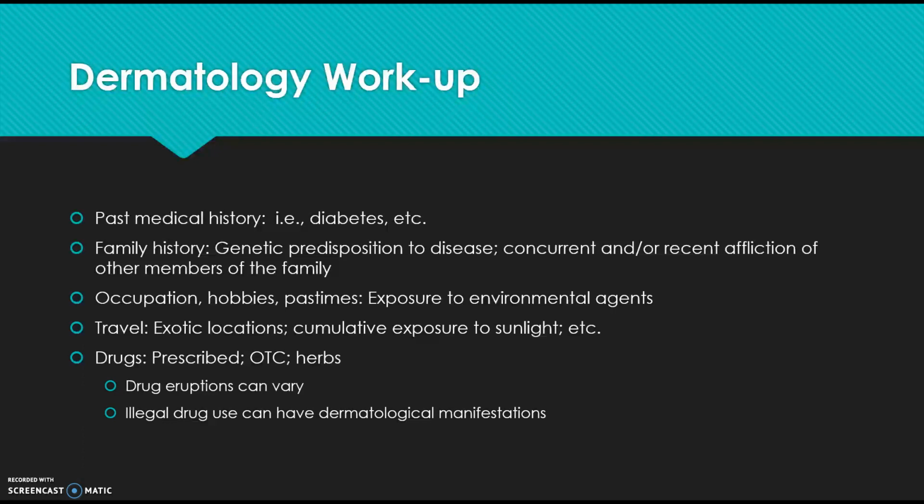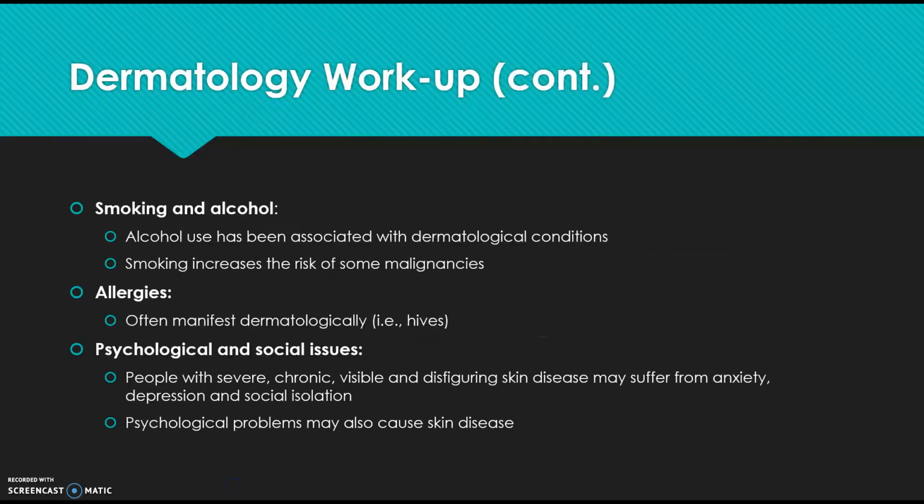What are the person's occupation, hobbies, or pastimes? Because that could lead to some exposure to chemicals or different temperature environments that can cause some dermatological conditions. Have they traveled, gone to exotic locations? Have they been exposed to sunlight over an extended period of time? Are they taking any prescribed medications? So those are all important things to consider in a dermatological workup.